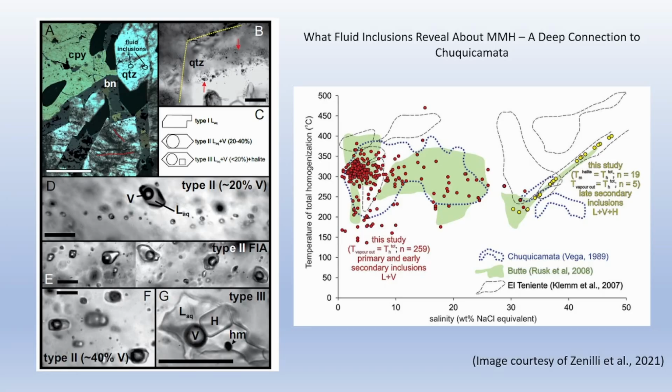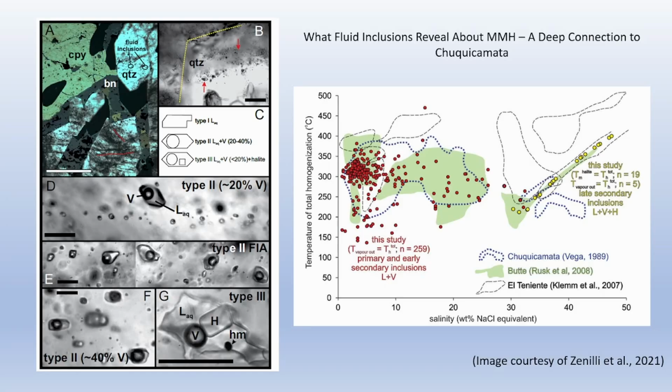We can see that most of them cluster around 275 to 350 degrees. They have salinities below 10% NaCl equivalent, and that's a key. Those values match what we see at Chuquicamata or even other porphyry systems like Butte.